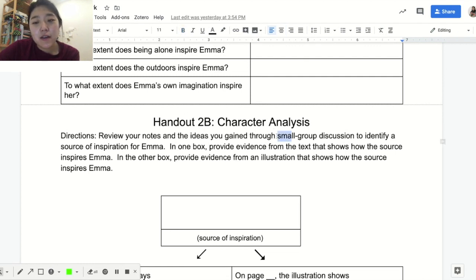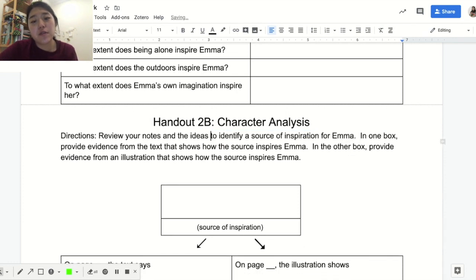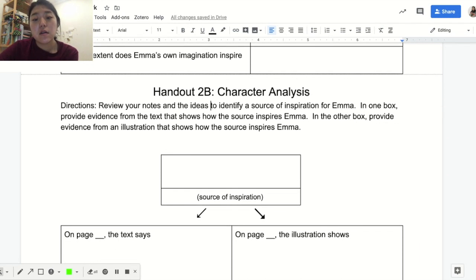We are not going to have a small group discussion, so ignore that. So just review your notes and ideas to identify a source of inspiration for Emma. Okay. In one box, provide evidence from the text that shows how the source inspires Emma. In the other box, provide evidence from an illustration that shows how the source inspires Emma.